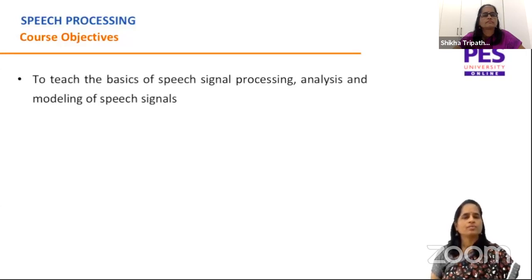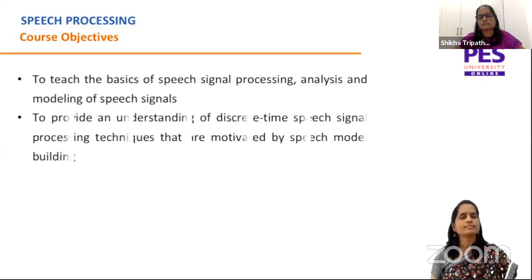Now, coming to the course objectives, meaning after doing this course, what exactly is expected or what exactly should be the outcome of your entire study? Basically, you will be learning the basics of speech signal processing, analysis, and modeling of speech signals. And then we'll provide an understanding of discrete time speech signal processing techniques that are motivated by speech model building.